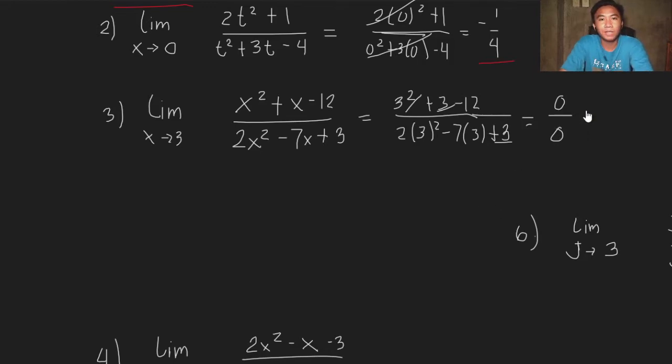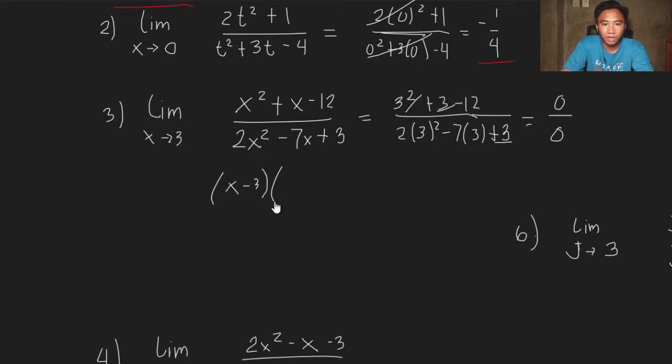So, ibig sabihin lang niyan is factorable itong function natin. So, i-factor muna natin. Ang sekreto dito, di ba, x approaches to 3. Positive to, gagawin nating negative para mag-change sign lang tayo. So, x minus 3, given na yan.